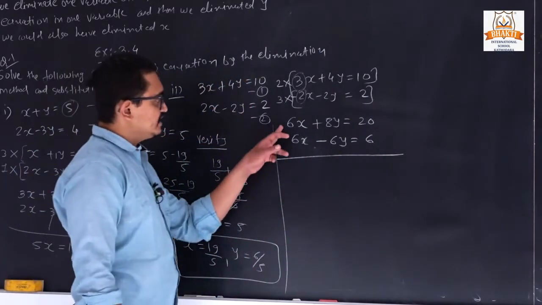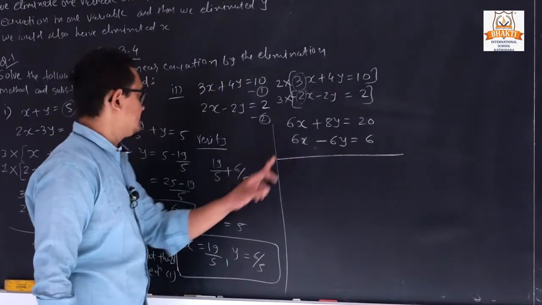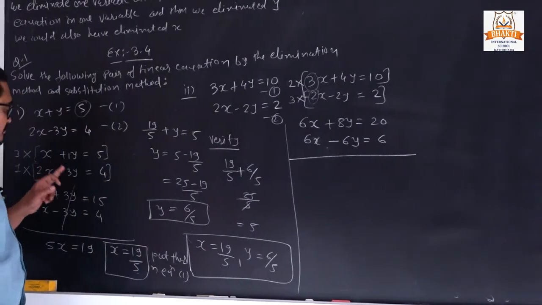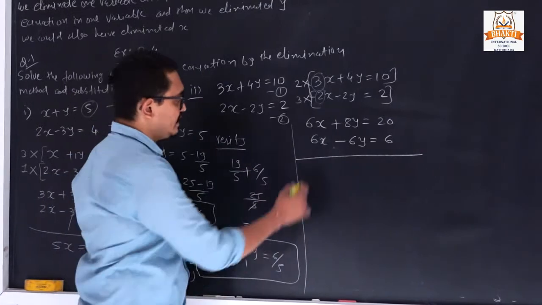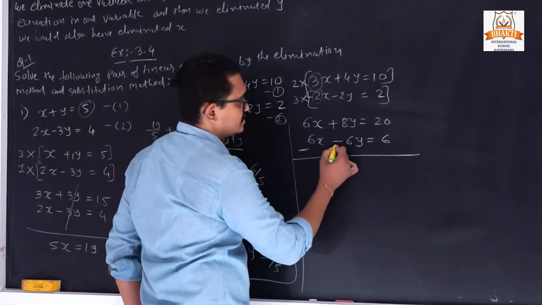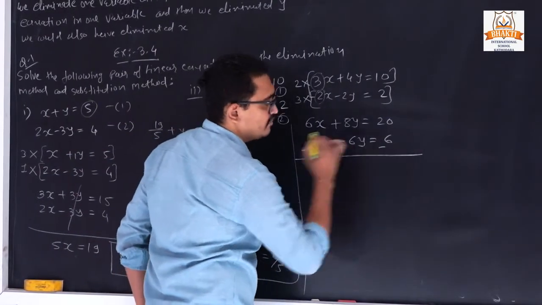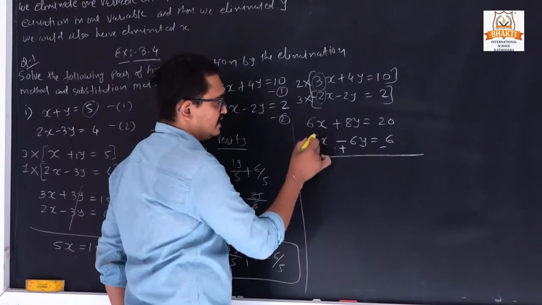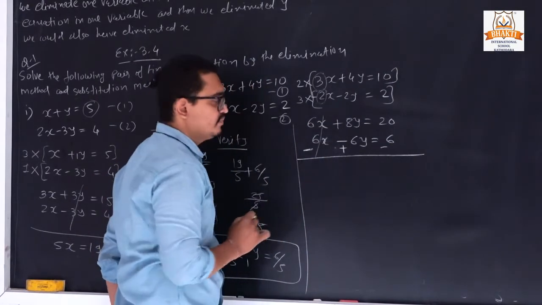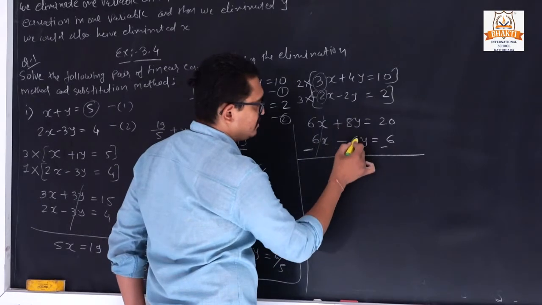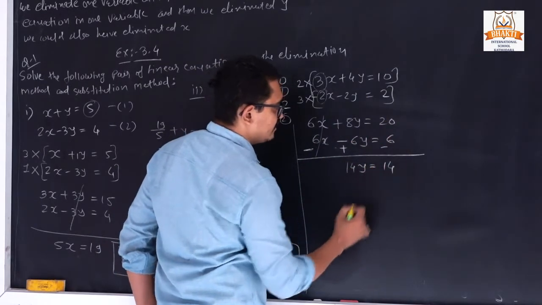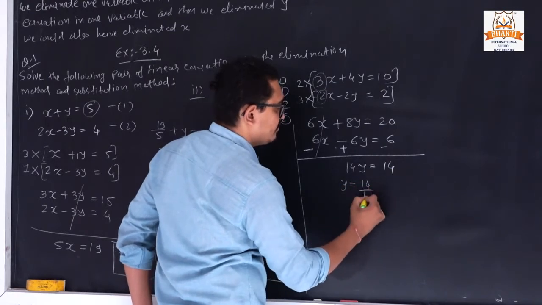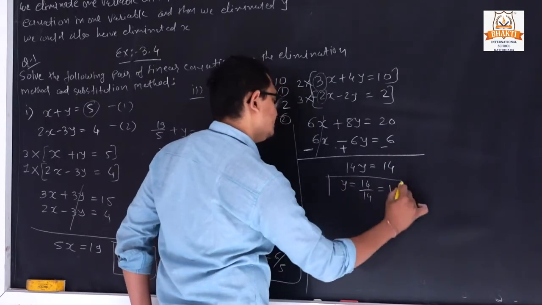These both have the same sign, plus and plus, so we cannot directly eliminate them. So we change all the signs of the second equation: minus becomes plus and plus becomes minus. Now 6x and 6x cancel. Plus and plus, so 8 plus 6 is 14y, and 20 minus 6 is 14. So y is equal to 14 upon 14, so the answer is 1.